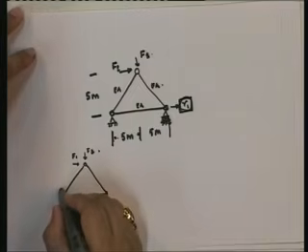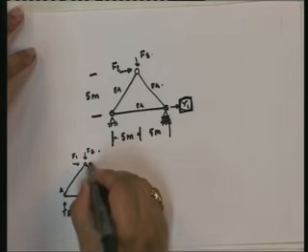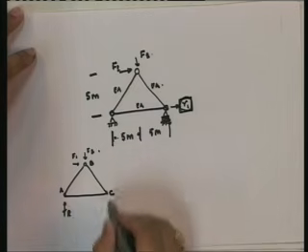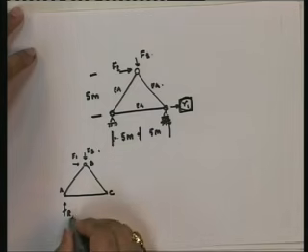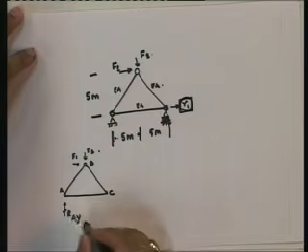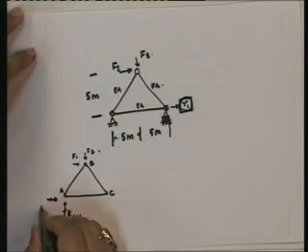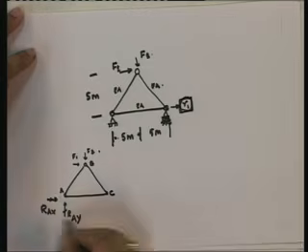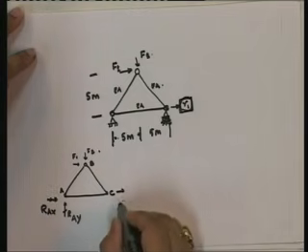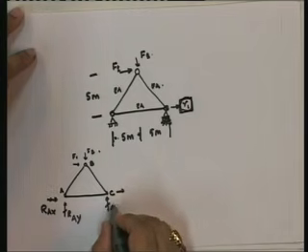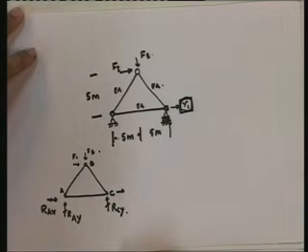Let me call this A, B, C. So I'll find out R AY, R AX, and R CY.